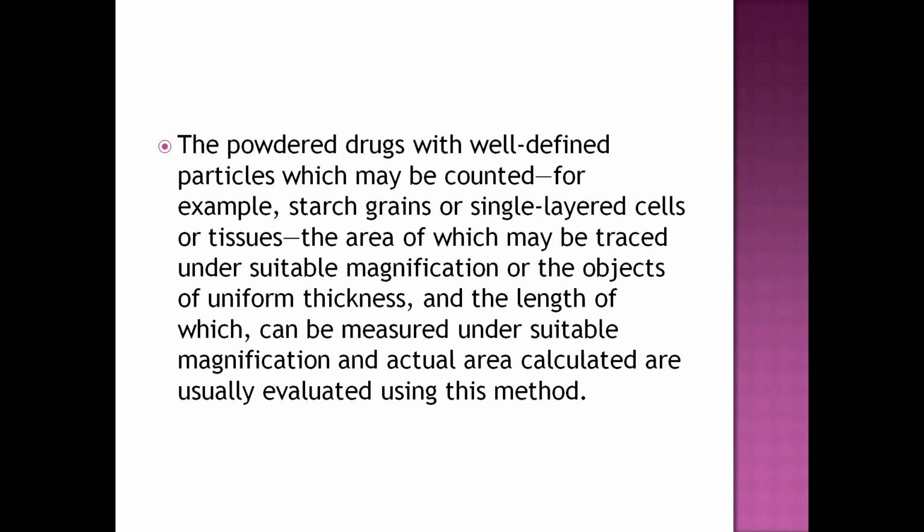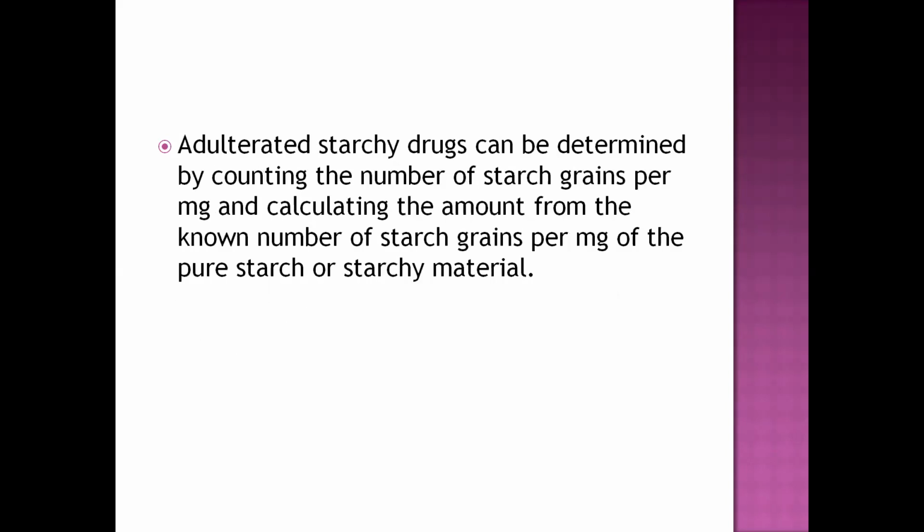For example, starch grain को आप easily identify कर सकते हो, and single layered cells हैं, tissues हैं, and the area which may be traced under suitable magnification, or the object of uniform thickness, length of which can be measured under suitable magnification. जिसमें length भी आप measure कर सकते हो, उनकी thickness measure कर सकते हो under a suitable magnification, and actual area calculated are usually evaluated using this method.